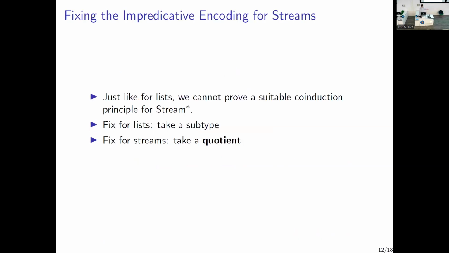But this previous slide was a lie, which I keep saying, because again, we do not get a suitable co-induction principle. To fix this, we're going to take a quotient, dualizing this idea of Sam to take subtypes.